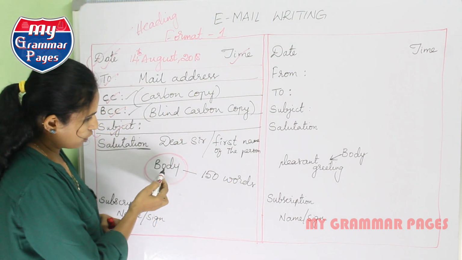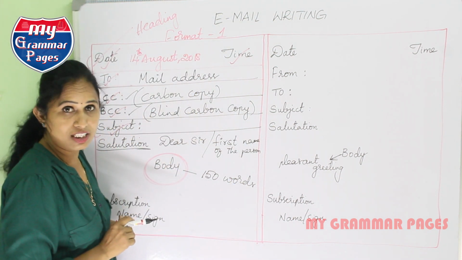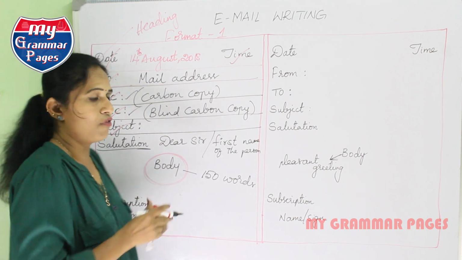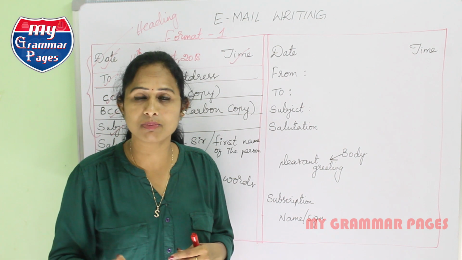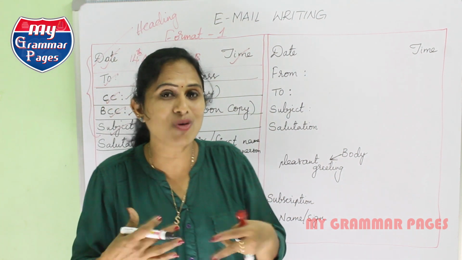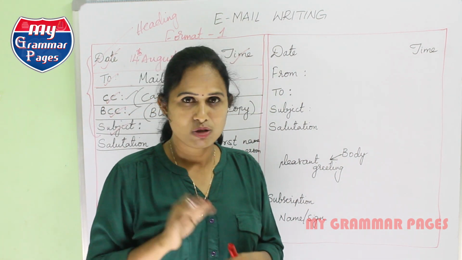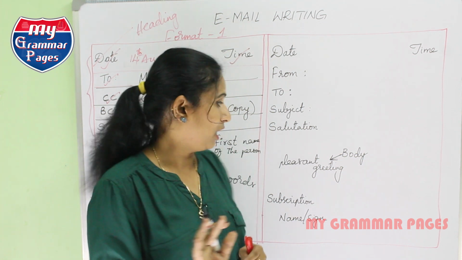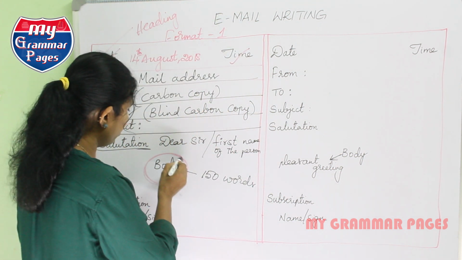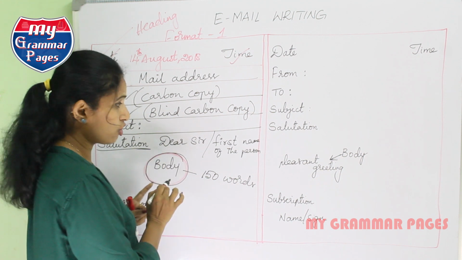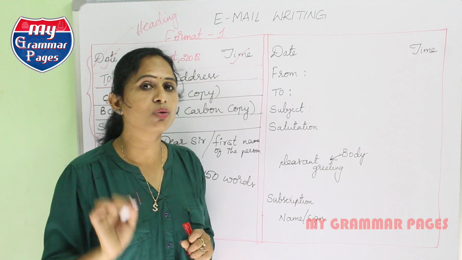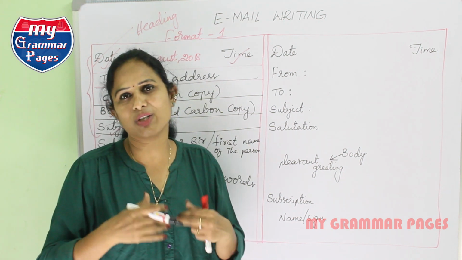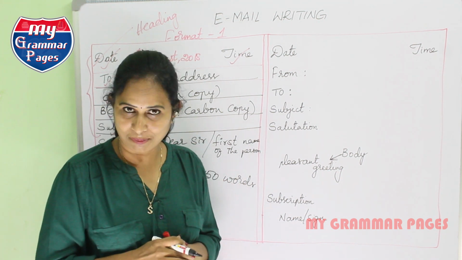And even your language should be very simple. You are not going to use flamboyant, flowery language in order to confuse the opposite person, or to show your own talent in front of other people. So your language should be very simple. And when you are writing, make sure that everything goes perfectly, and you are not going to use any SMS language, what we do normally in our WhatsApp messages.